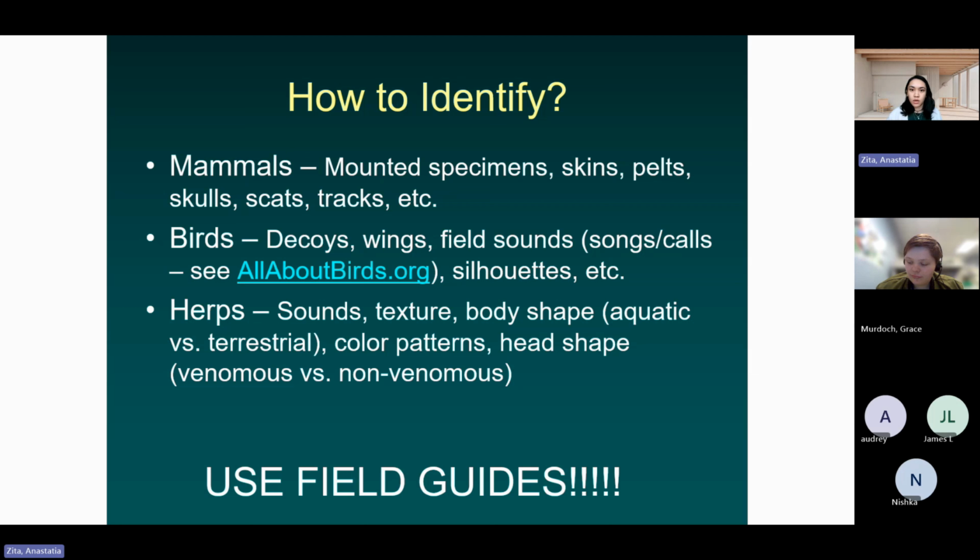So these can be looking at their wing shape, flight patterns, their calls, and their silhouettes. For the herpetofauna, we're predominantly looking at their body shape and head shape. There isn't too much herpetofauna diversity in this area of Virginia, but most people want to know whether a certain snake is venomous or non-venomous. When looking at toads and frogs, you'd be listening for the different calls. So that's a good way to identify them.